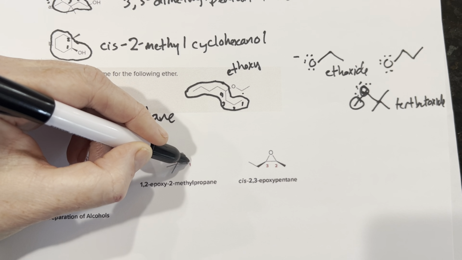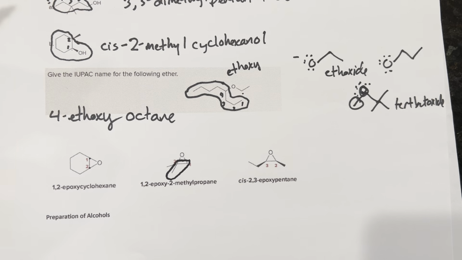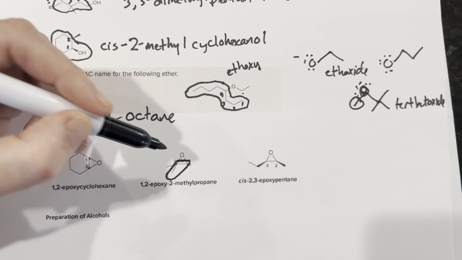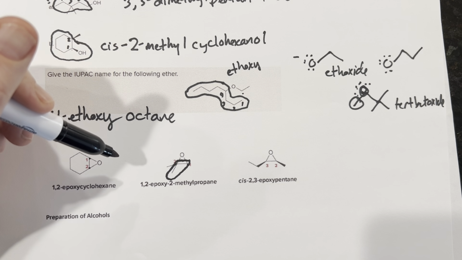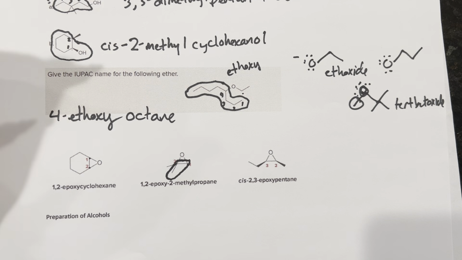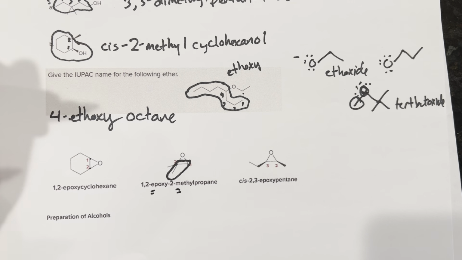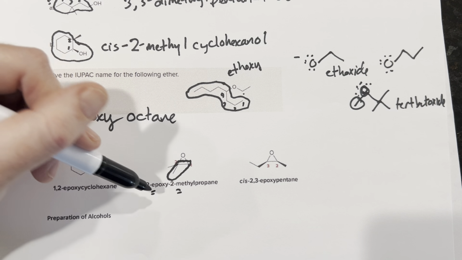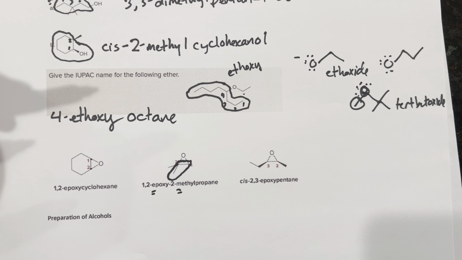The propane would actually be something like that, and on your 1, 2, which you'd want to start your numbering, not because it takes precedence, but because the E comes before an M. So we're back to our normal rules. The only time we broke rules was with the alcohols. So we have 1,2-epoxy, and then on the 2 we also had the methylpropane.